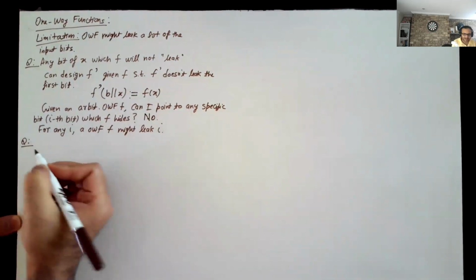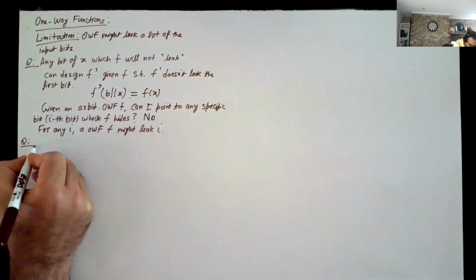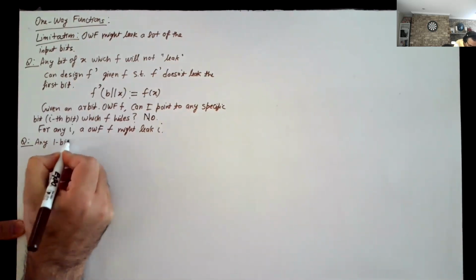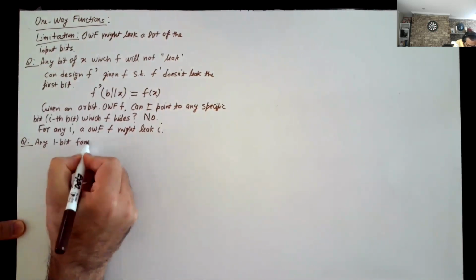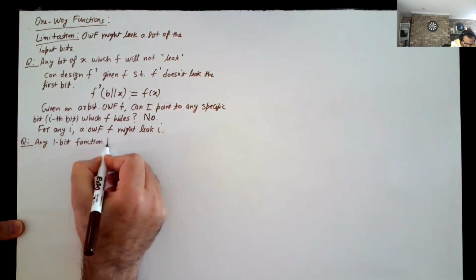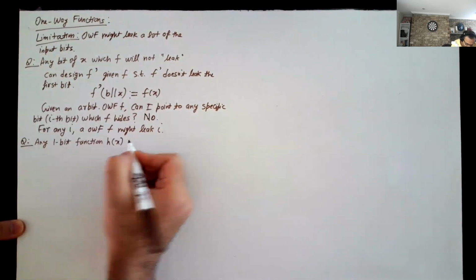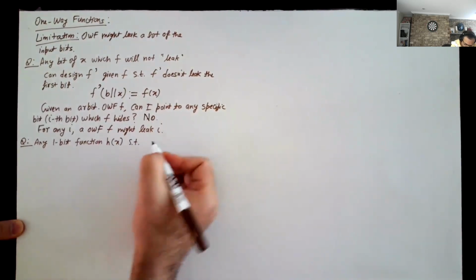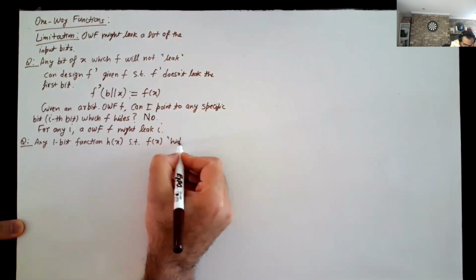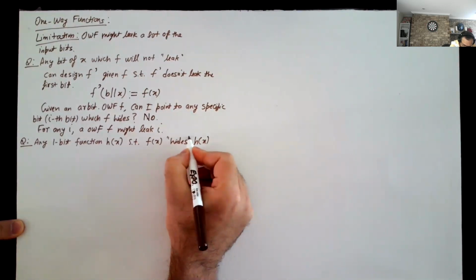So here's my new question. I have to be less ambitious now. Is there any one-bit function, let's say h of x, such that f of x hides h of x?